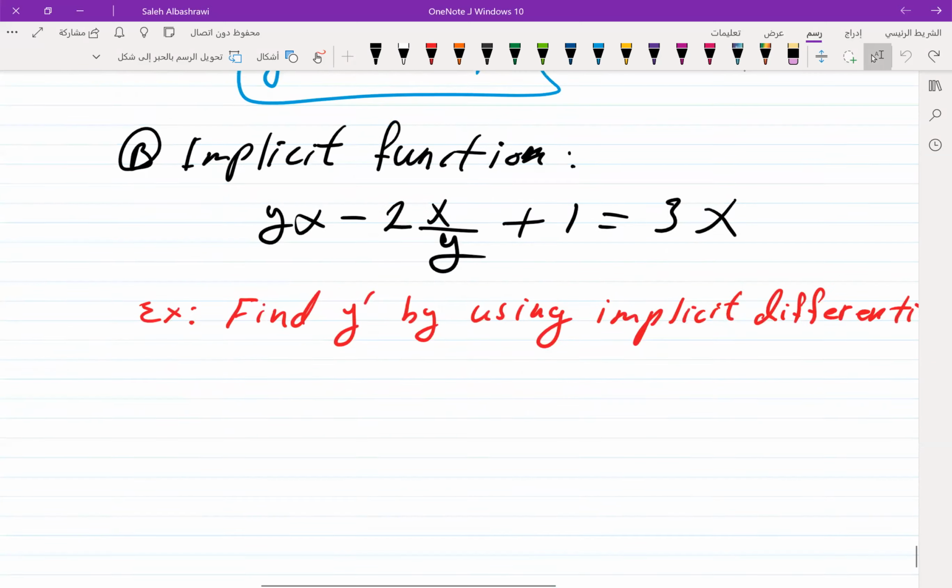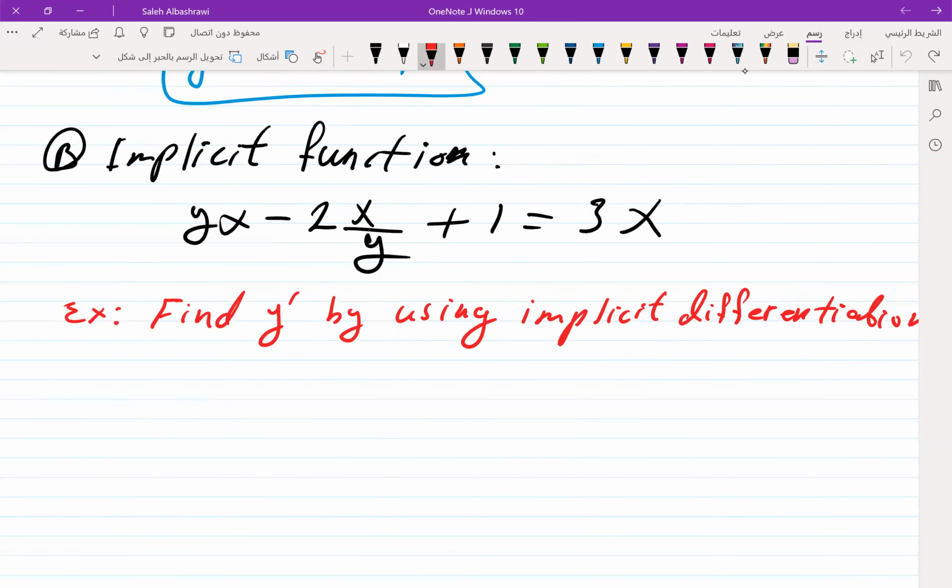Number one, we have x to the power 3, y to the power 2, minus 5xy plus x equal to 1. And I need to find the derivative of this function.